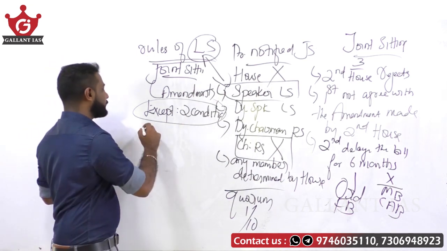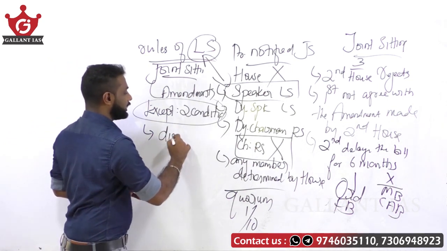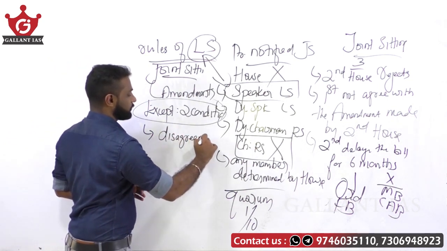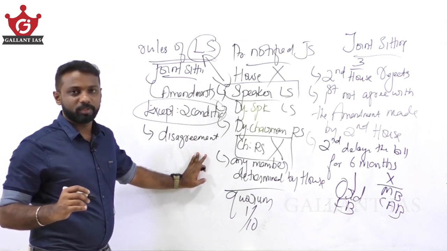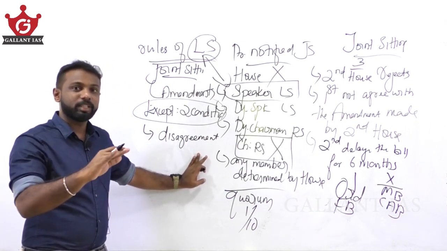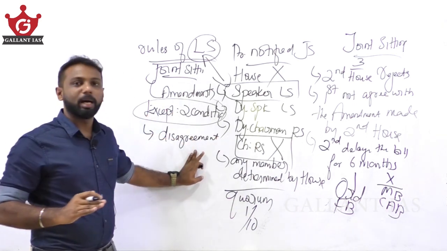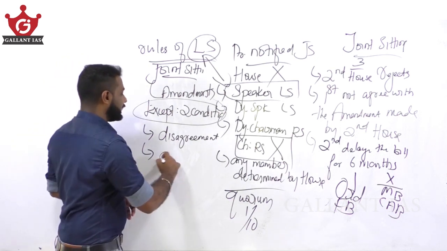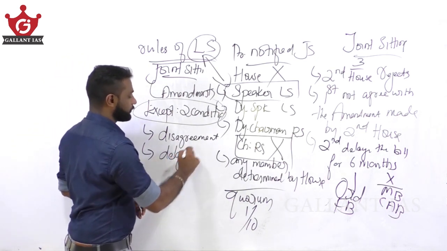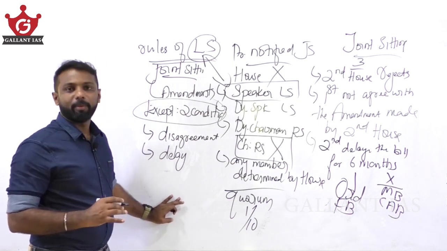The exceptions: one, some provisions might have caused disagreement between both houses. On those provisions, amendments are possible, to remove that disagreement between both the houses. Or two, there can be some provisions which cause delay in passing the bill, and those provisions can also be amended.